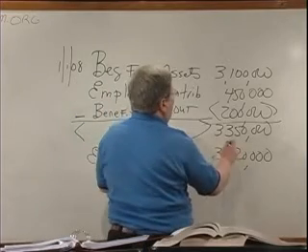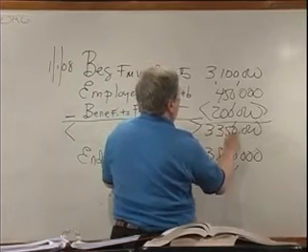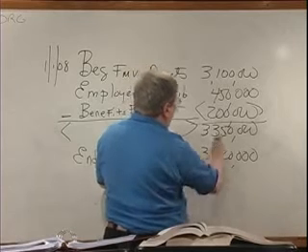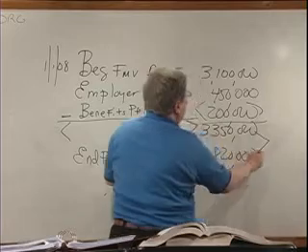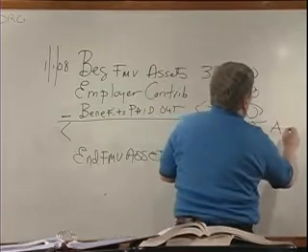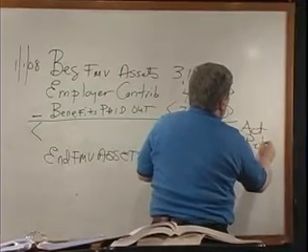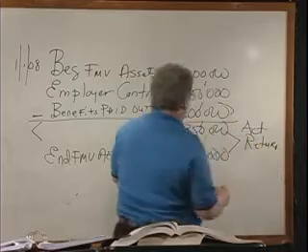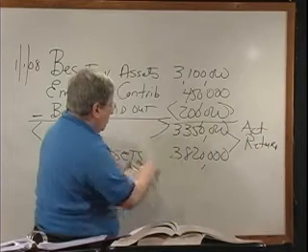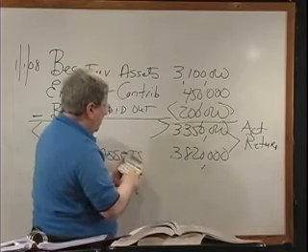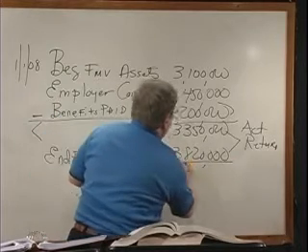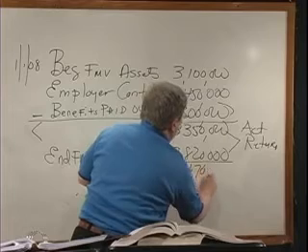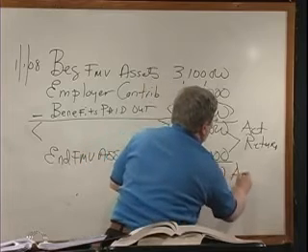So therefore, if this $3,350,000 goes up, which it did, it went up to $3,820,000 by the end of the year, that is called an actual return on assets. Now let's subtract it here. We subtract the $3,350,000 from the $3,820,000, and we have an actual return of $470,000.